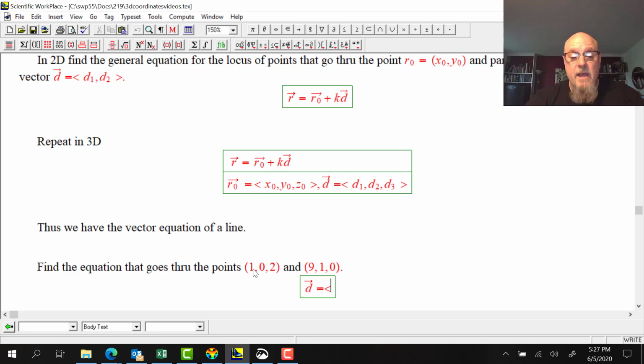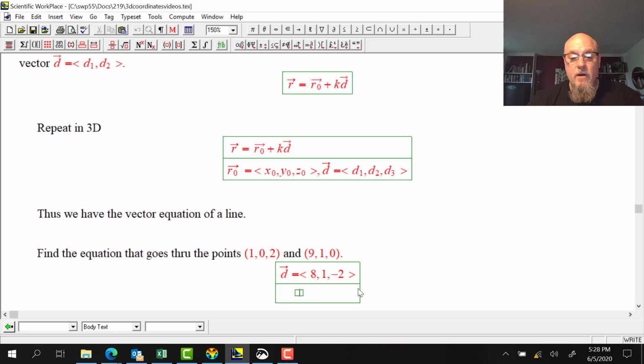So the x value goes up by 8, the y value goes up by 1, and the z value goes down by 2. So there's the direction vector. That's the vector that starts at the point 1, 0, 2 and ends at the point 9, 1, 0. So now if I want the equation of our line, we have our point on the line.